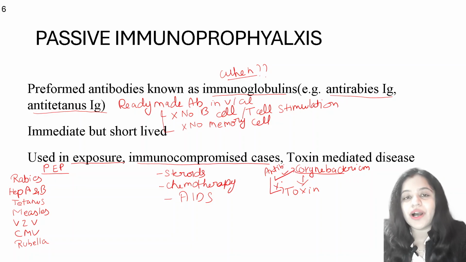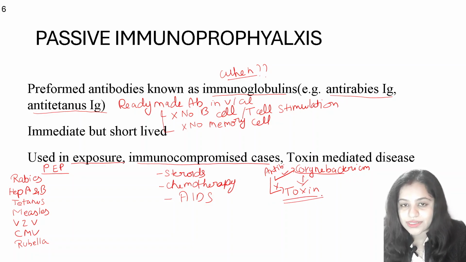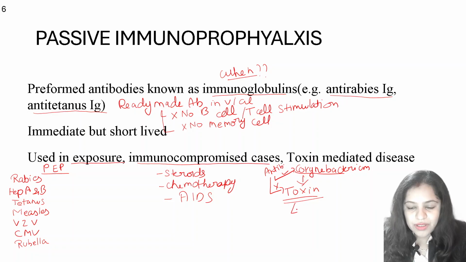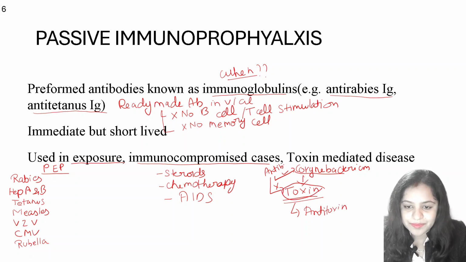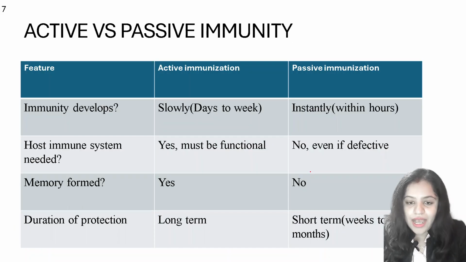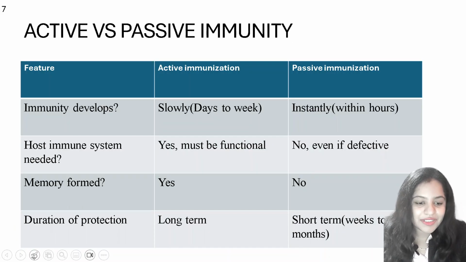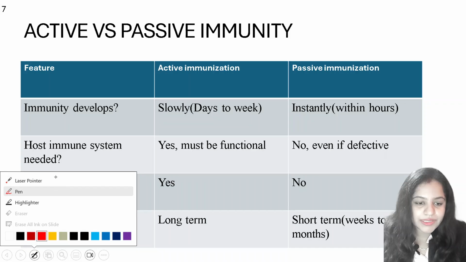So what do we require? We require preformed antibody for this toxin. Okay. So we give antitoxin here, targeting the toxin. Clear?